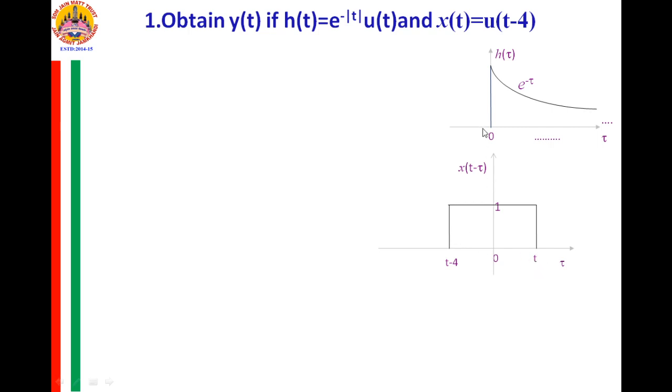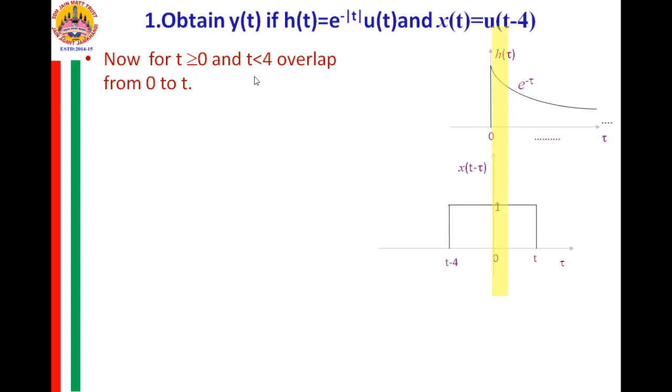So if you observe now here, if this is x of t minus tau and t is greater than 0 and less than 4, you will observe these two overlap for the duration from 0 up to t. So that is the part of x of t minus tau that overlaps with the initial part of h of tau. So this is in the range where t is greater than or equal to 0 and less than 4.